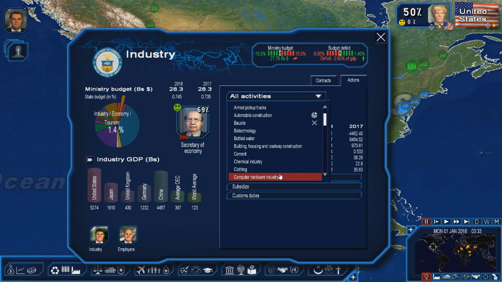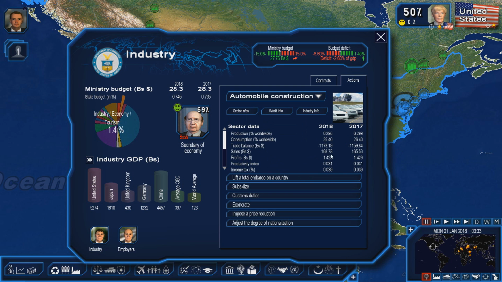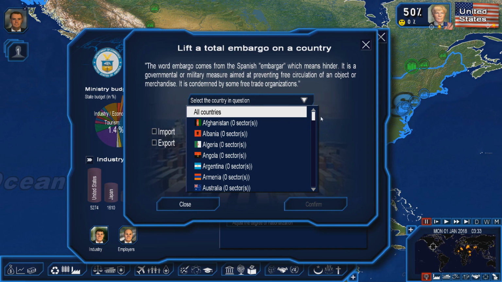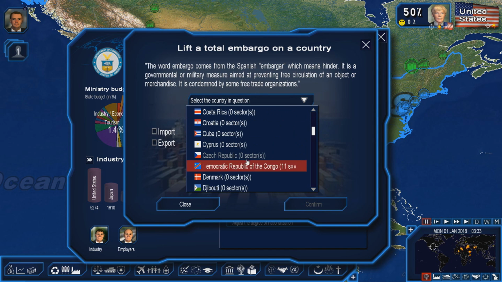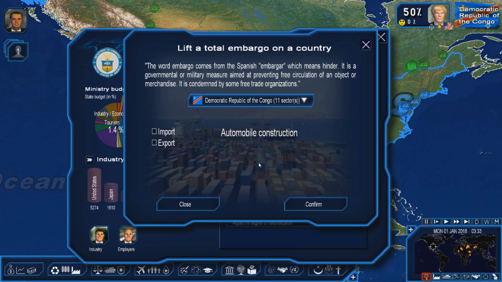So coming back to automobile construction, we have several options of what we can do. First, we have lift or total embargo on a country. Basically, you can come over to the Democratic Republic of the Congo and stop the sale of this product.